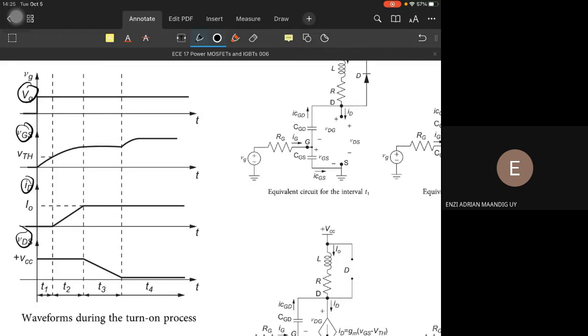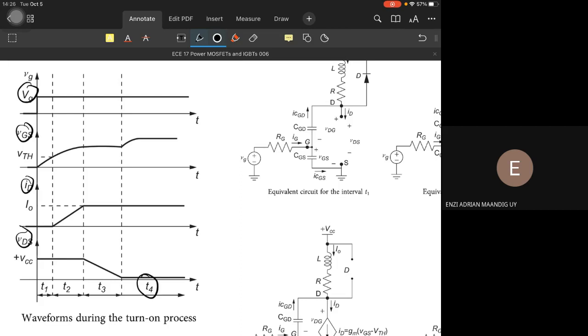And we also have 4 phases, T1, T2, T3, T4. So maybe we will label them one by one. Again, it is not difficult to understand because if you remember, it is the same as the others, the diode and the BJT. Meaning, before anything else, this is just a shortcut.